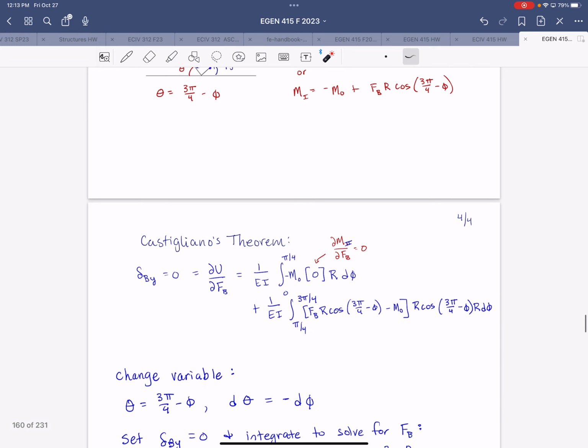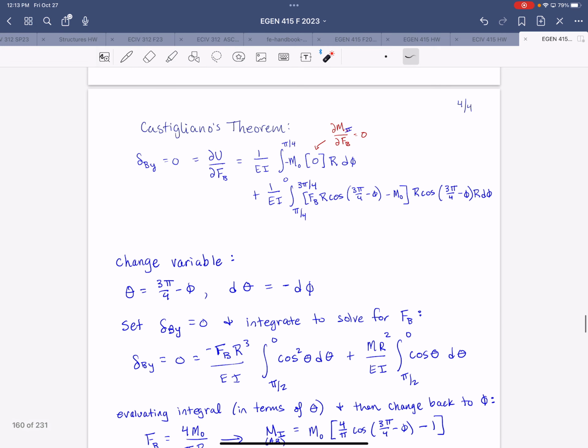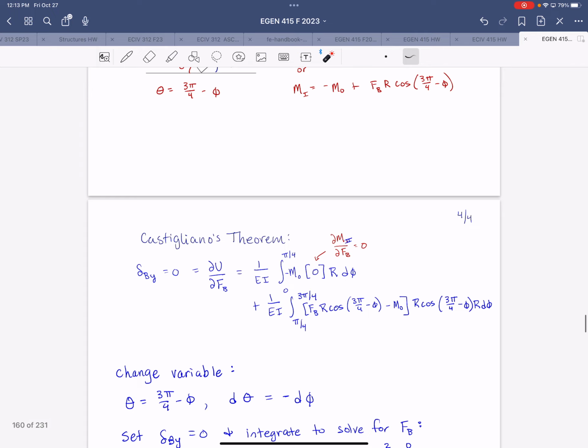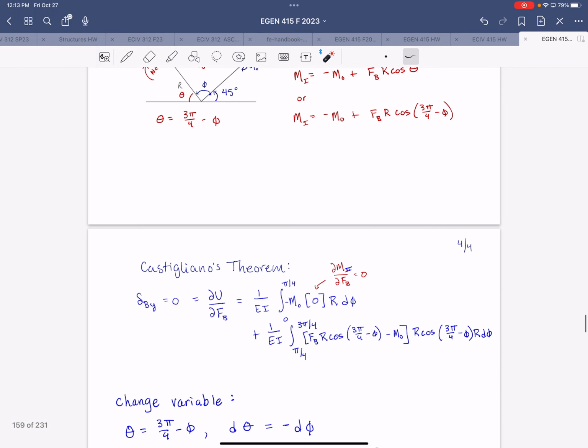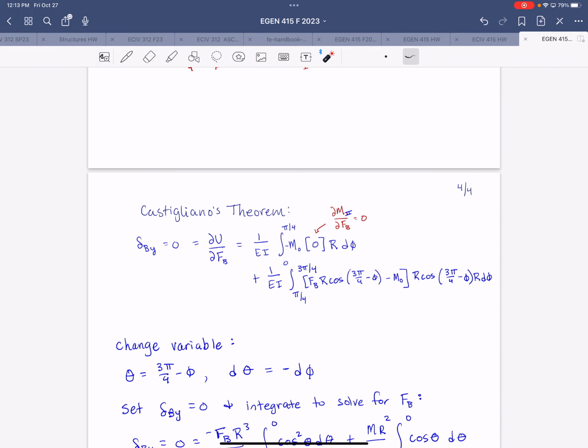And then when you go to set up the integrals, for region 2, it's not contributing because the partial derivative of the region 2 moment with respect to the force at B is 0.